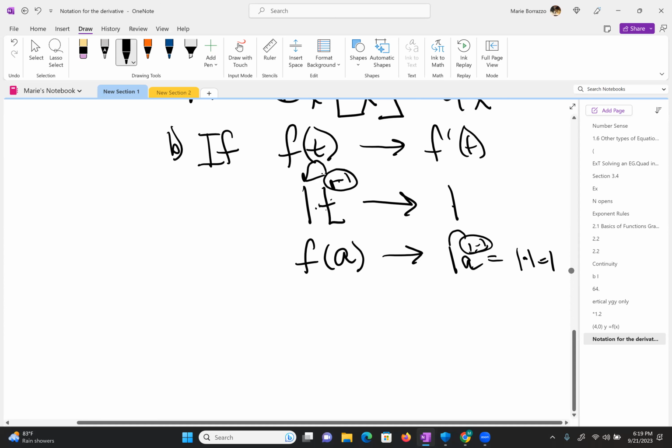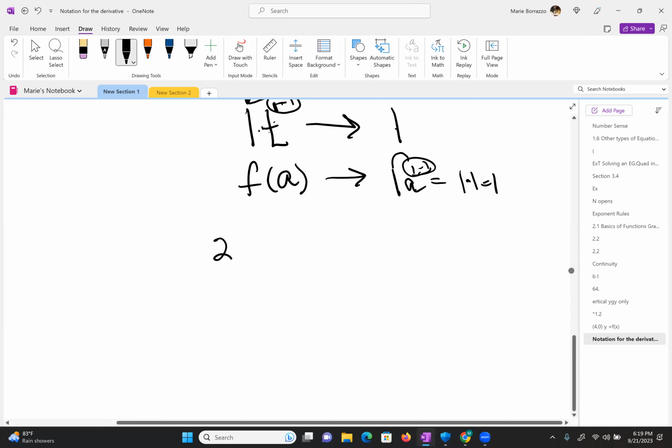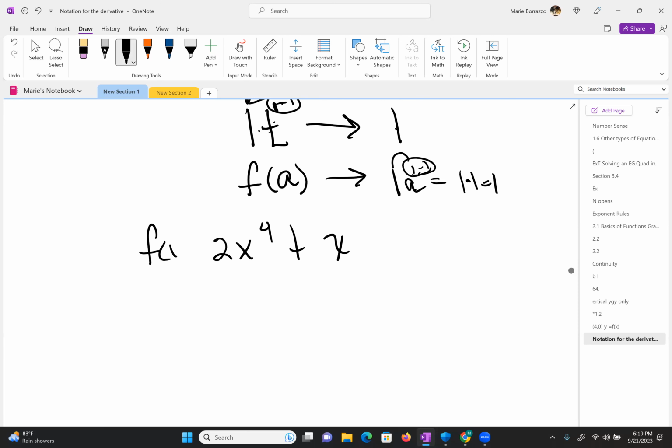Yes. Awesome. So in this example, if I were to say to you, I have 2x to the 4th plus x as a function, as an f of x. This would be a way we could put it together. If I ask you for that first derivative, then your answer would be 8x to the 3rd plus 1.